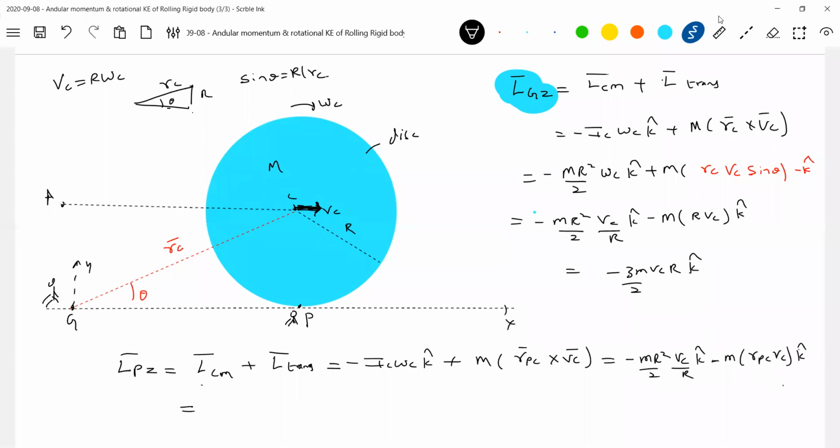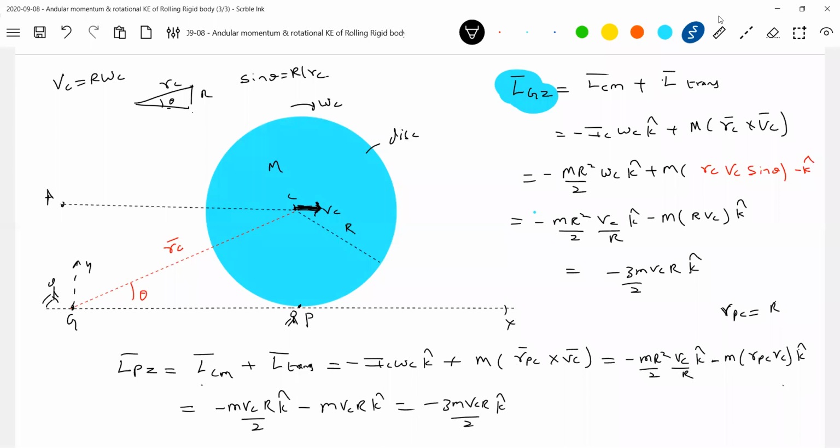Next step will be minus m V_C R by 2 k cap. Then what is R_PC? R_PC is in fact equal to capital R only, no? What is the distance? Equal to capital R. So what we are getting: m V_C R k cap.